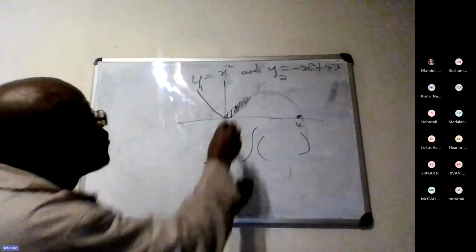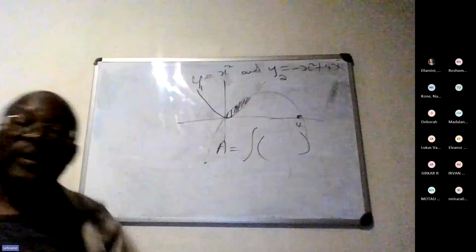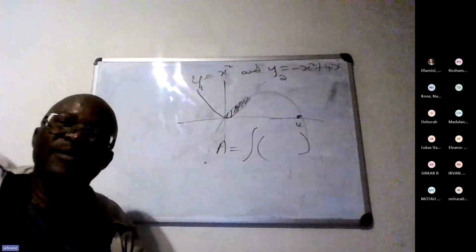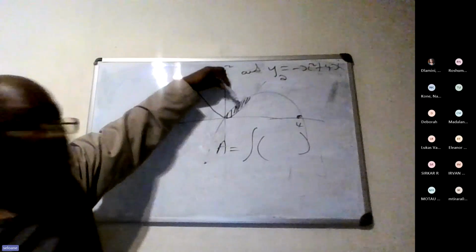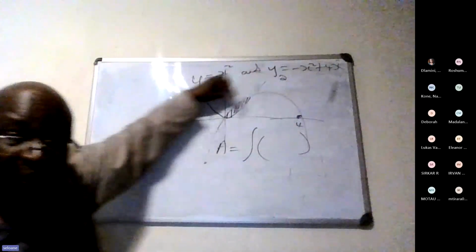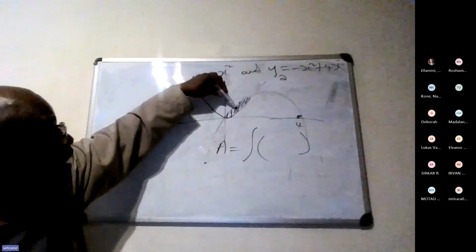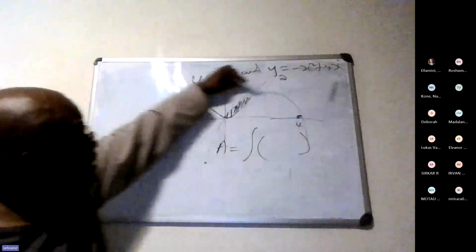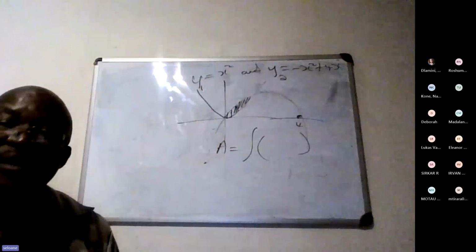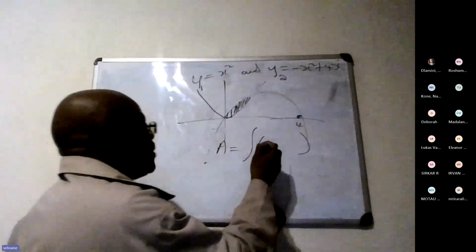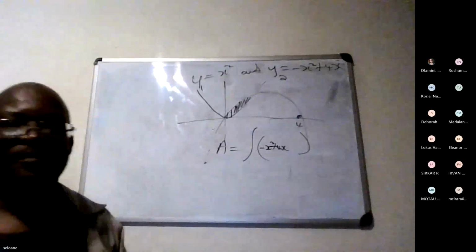Now, if you stand anywhere inside this region, and maybe you raise your hand, which graph will you touch? Definitely, you will touch this, which is part of this. If you stand here, then this graph, or part of this graph, will form the top boundary of this. It will be minus x squared plus 4x.